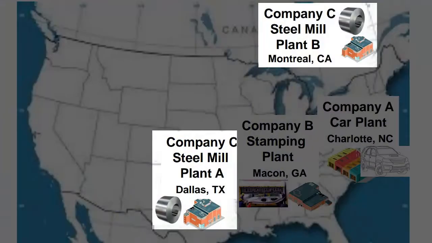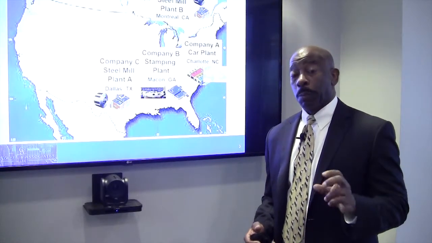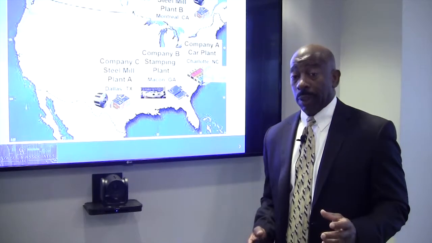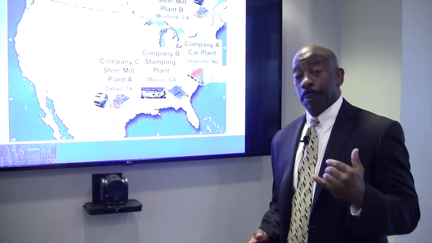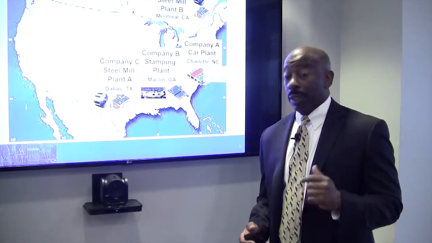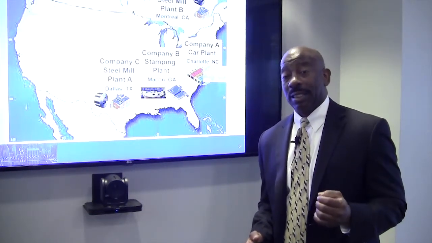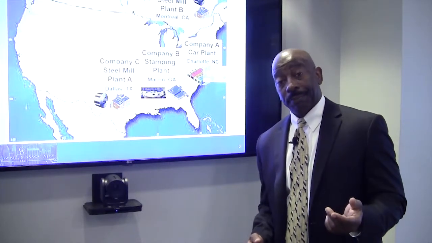Then the same steel producer had a plant in Montreal, Canada. And they were also providing steel for the body side, because the body side that was coming from Dallas was creating tiny zinc flakes.